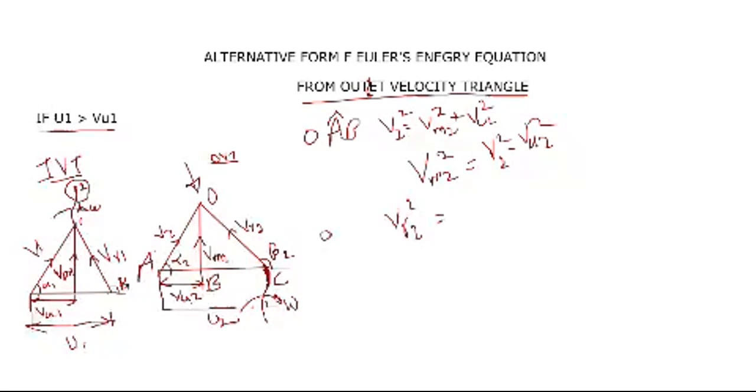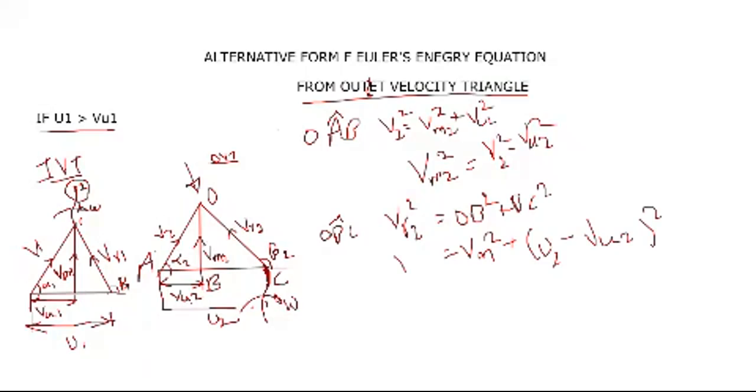Now from OBC, Vr2 square equal to OB square plus BC square. OB square means Vm2 square. BC square is what you can write as U2 minus Vu2 whole square. You can write like this, Vr2 square.